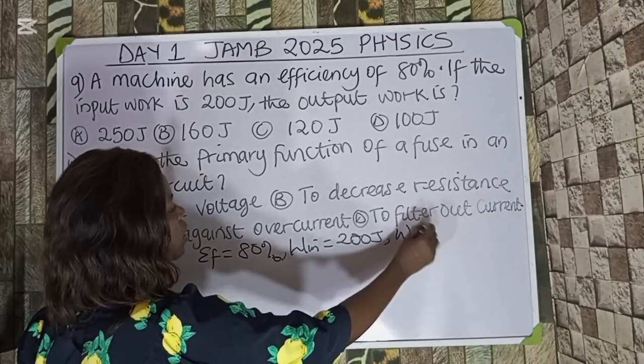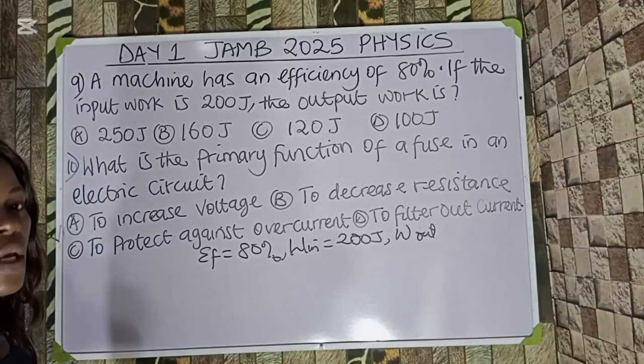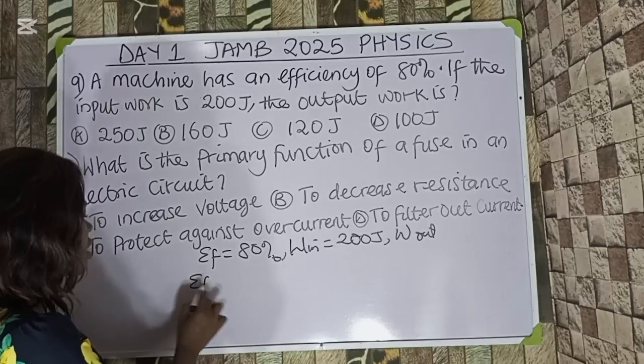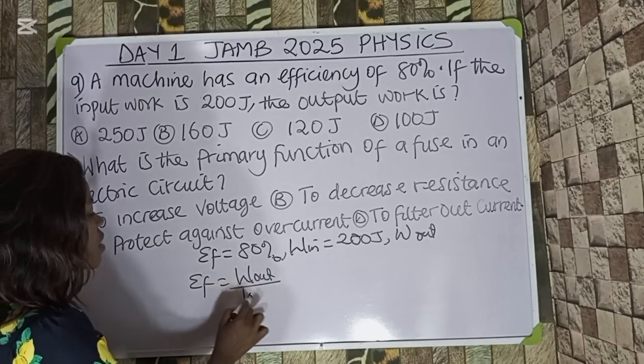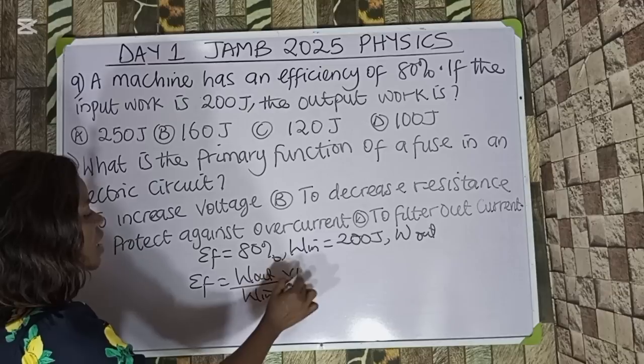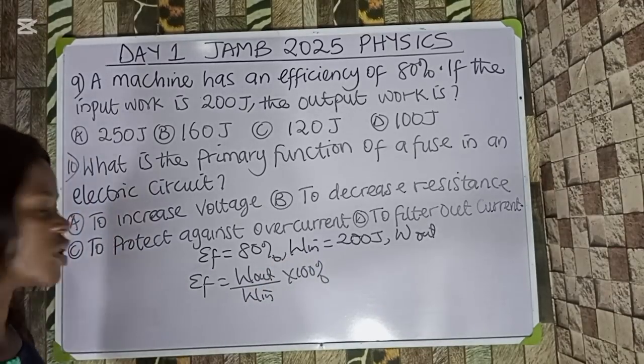So we're going to use the efficiency formula that involves work done. Efficiency is equal to work output over work input, then times 100%. So let's just substitute.